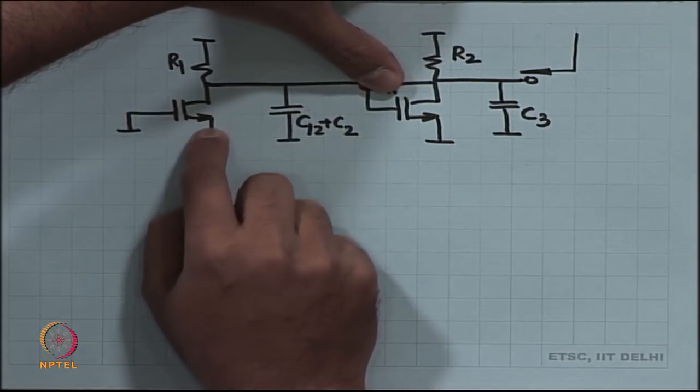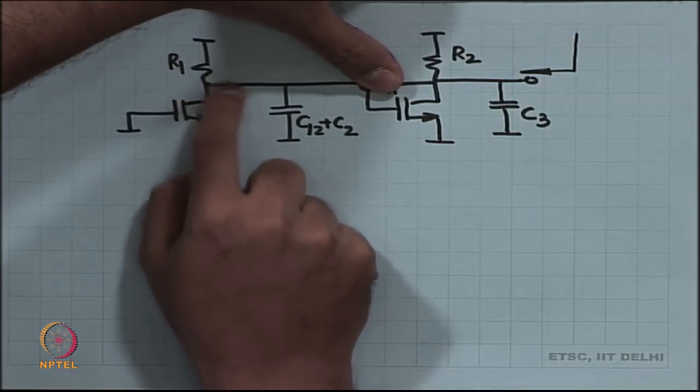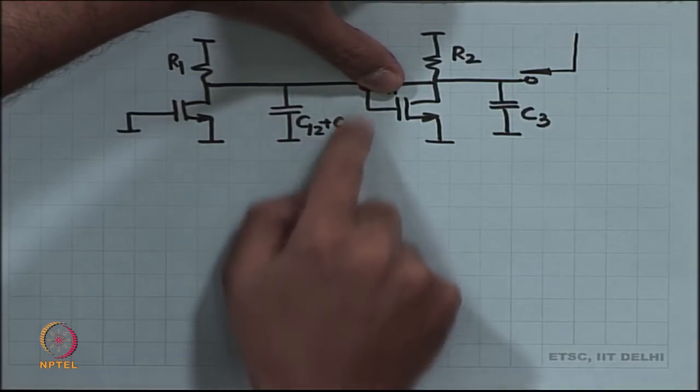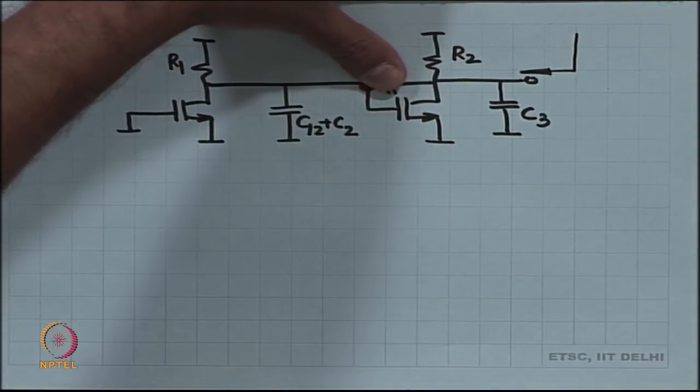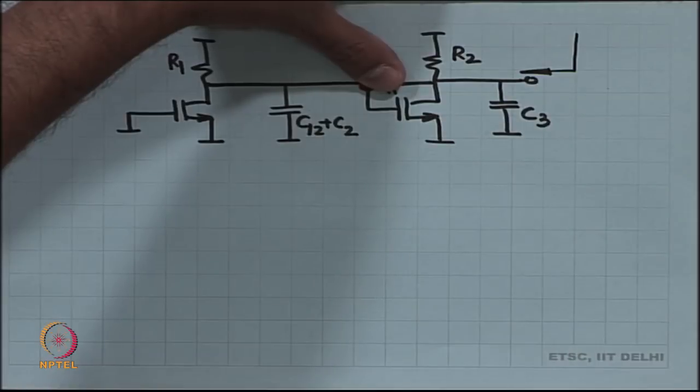GM1 times 0 is flowing through R1, RDS1 and C12 plus C2, and if a 0 is flowing through an RC combination, then the result is a clean 0. Okay. So, there was nothing to be done.